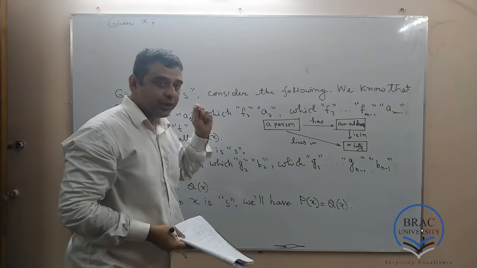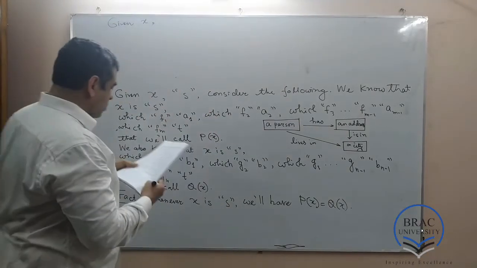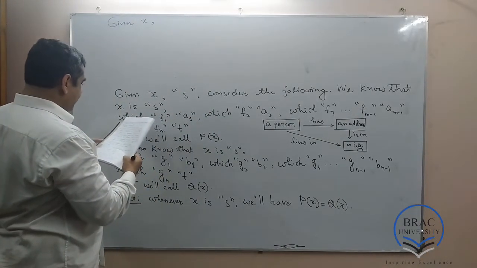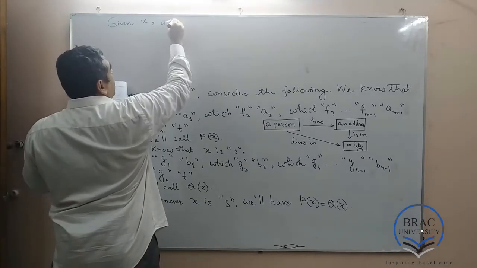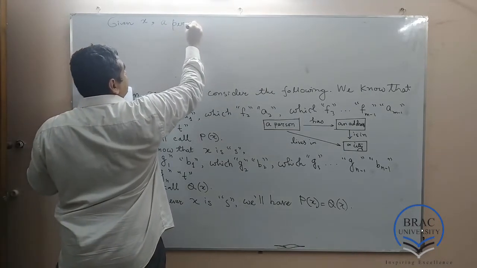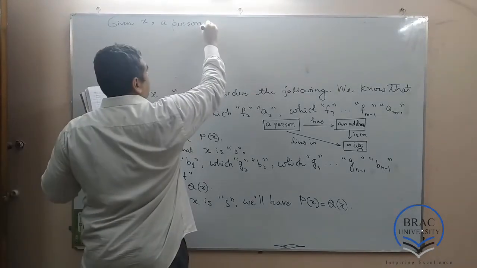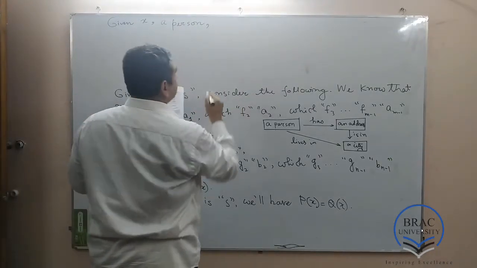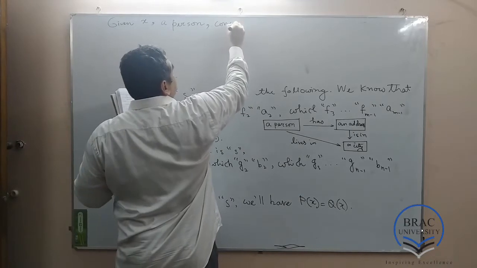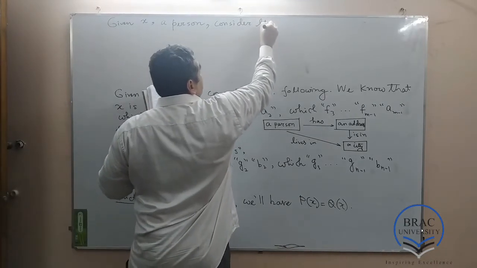What is the source here? A person. So given x, comma, a person, comma, we have considered the following. Consider the following.